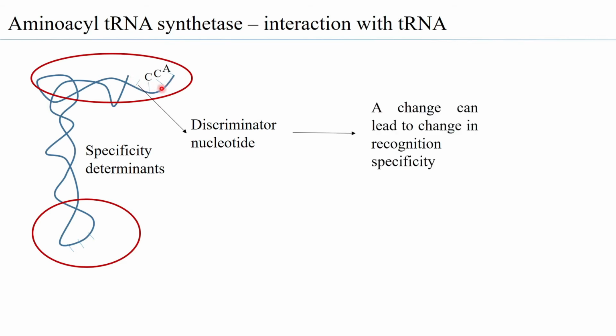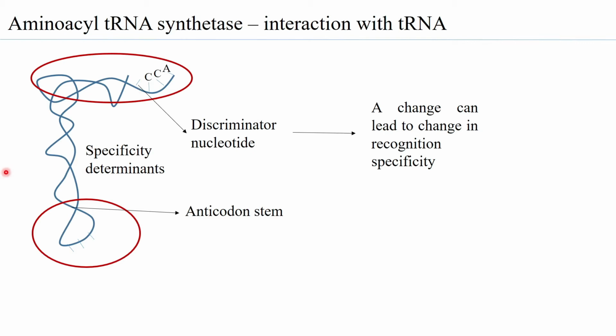If changes are made in these nucleotides, then recognition of the tRNA by the aminoacyl tRNA synthetase is affected, and hence the tRNA being charged is also affected. So this is an extremely important region for aminoacyl tRNA synthetase to recognize its correct tRNA.